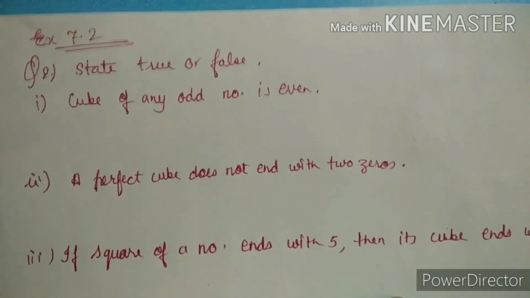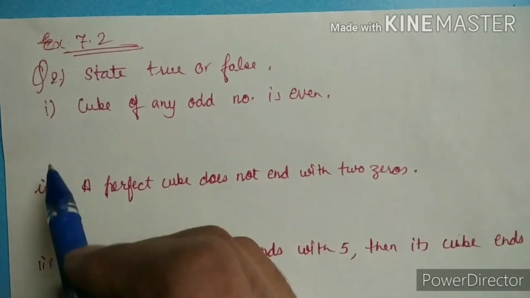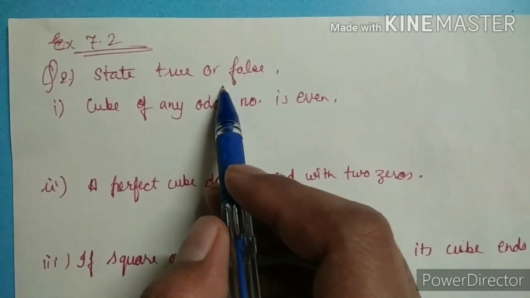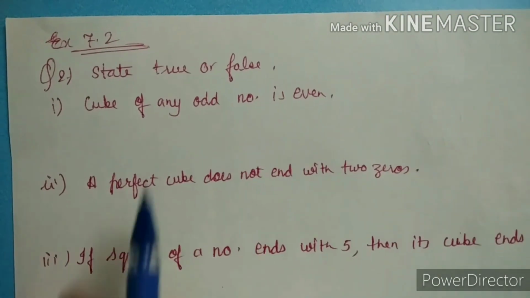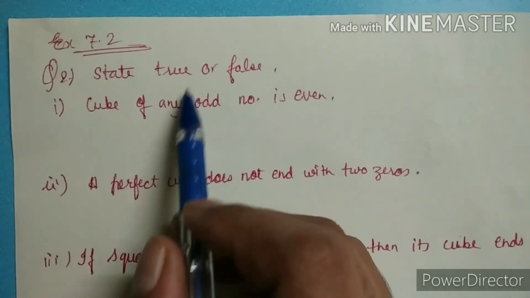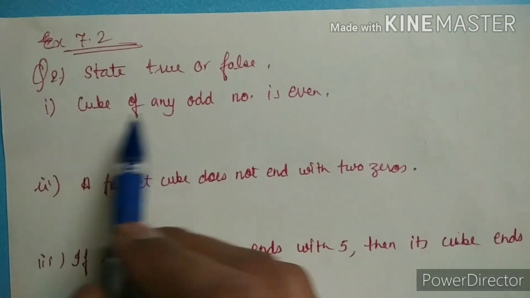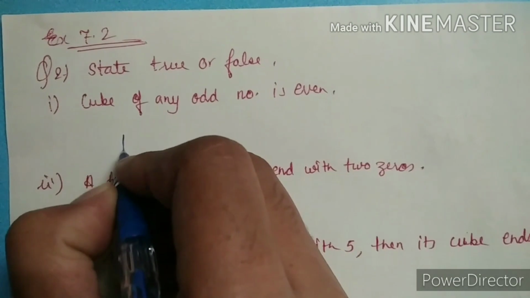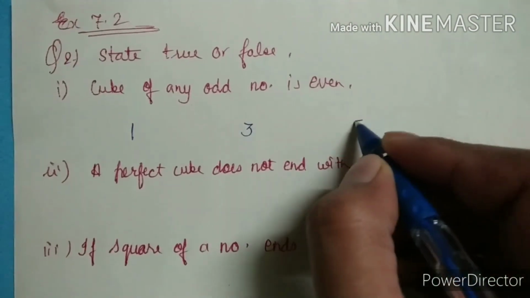Now question number 2 of exercise 7.2. Question number 2 is: state true or false. So we have to answer whether the given sentence is right or wrong. First is: cube of any odd number is even. Odd numbers are 1, 3, 5.